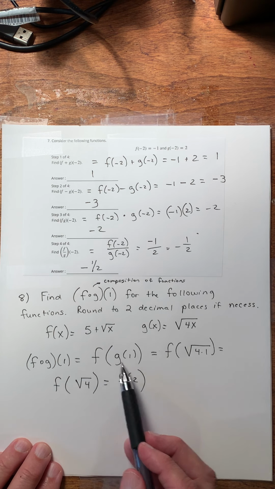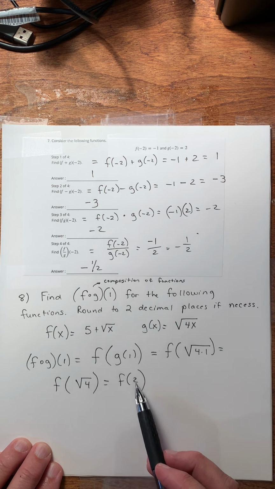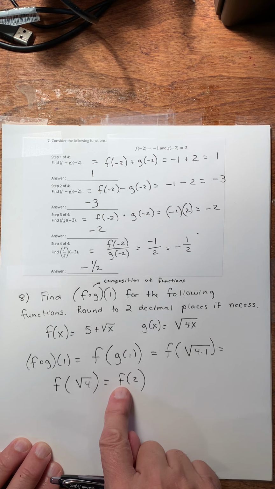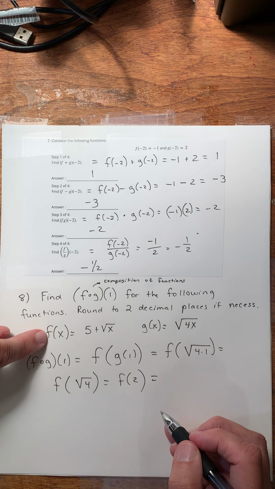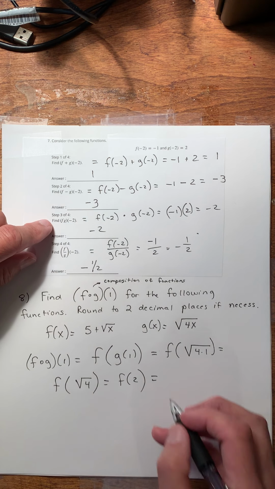So F of G of 1 means F of G defined at 1, which is the square root of 4. That's 2. So now what I have to do is evaluate F, the function F, at 2. So let's go up here to F. F of 2 means 5 plus the square root of 2.